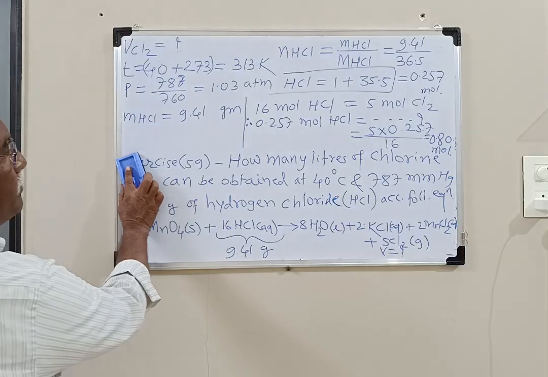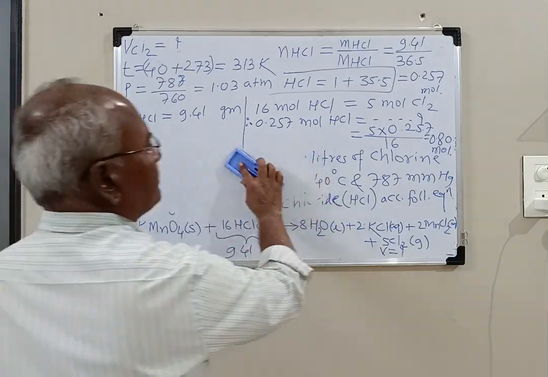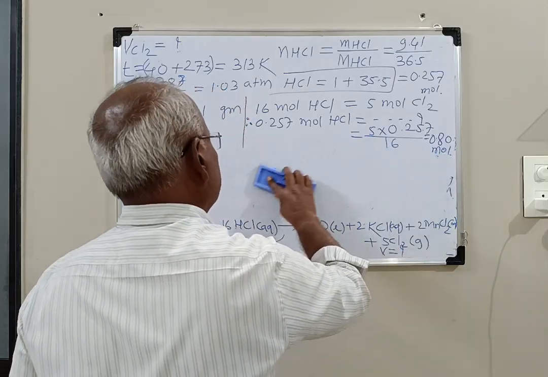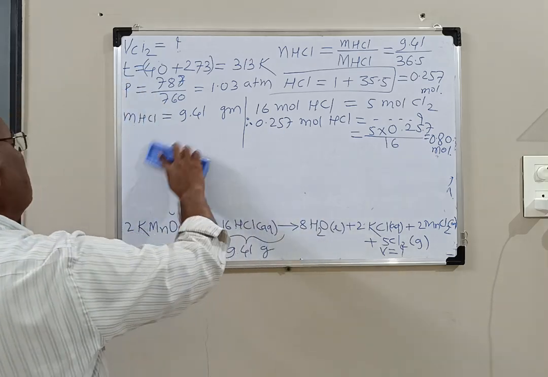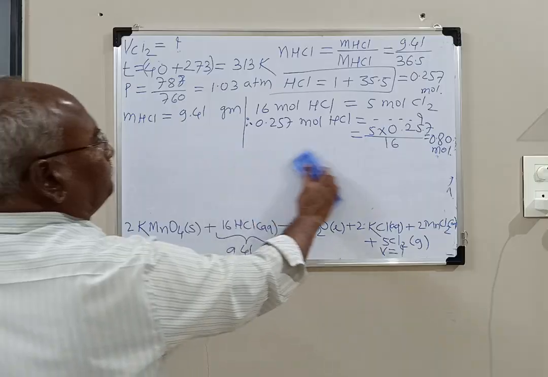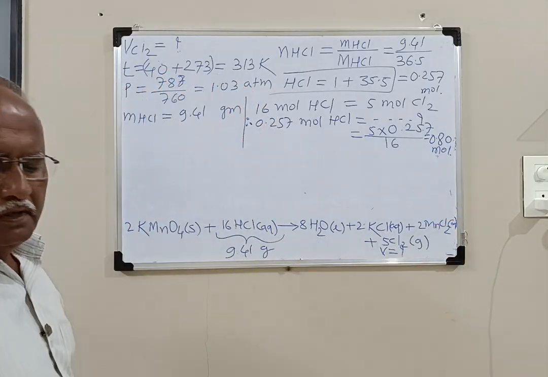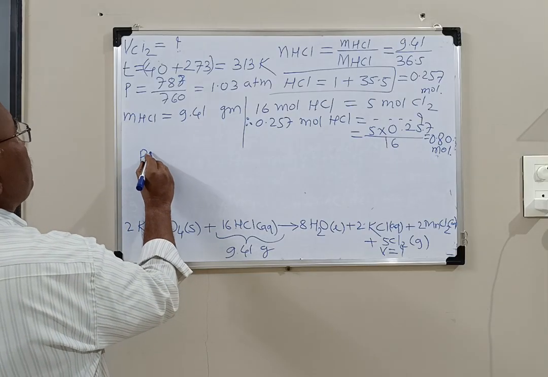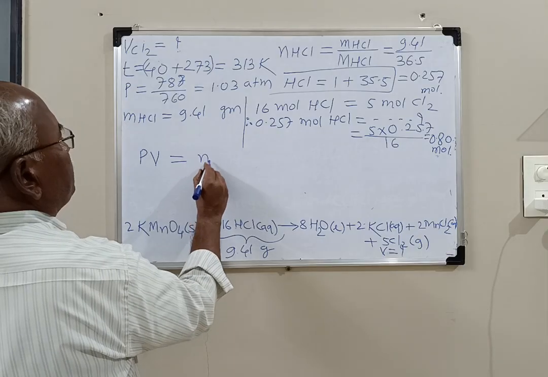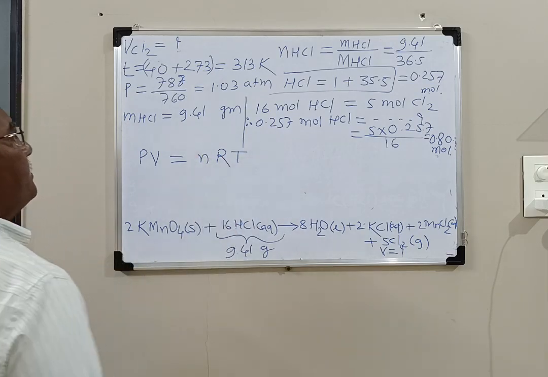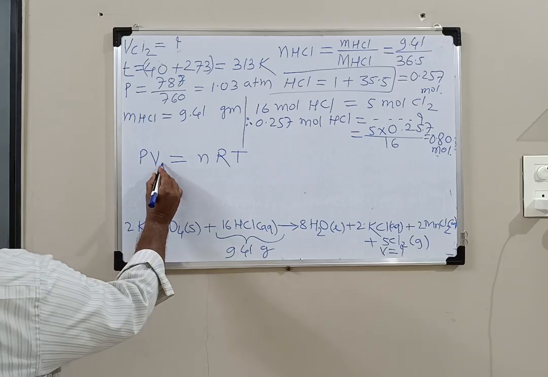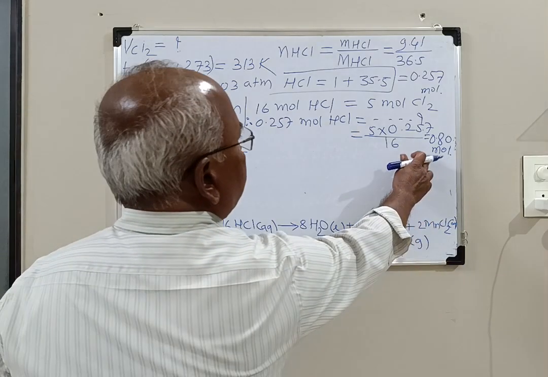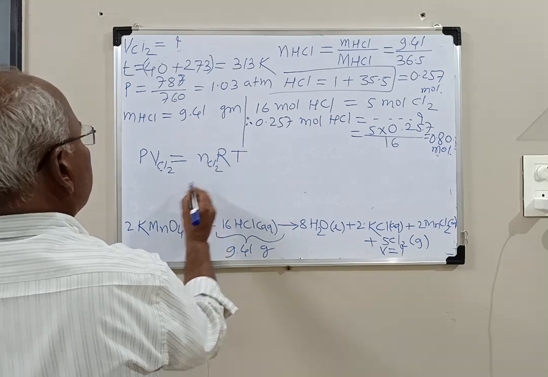So I clean the board, I remove whatever is unwanted. Then we are going to use the relation PV is equal to nRT, the ideal gas equation. We have to calculate the volume of chlorine. We know moles of chlorine.